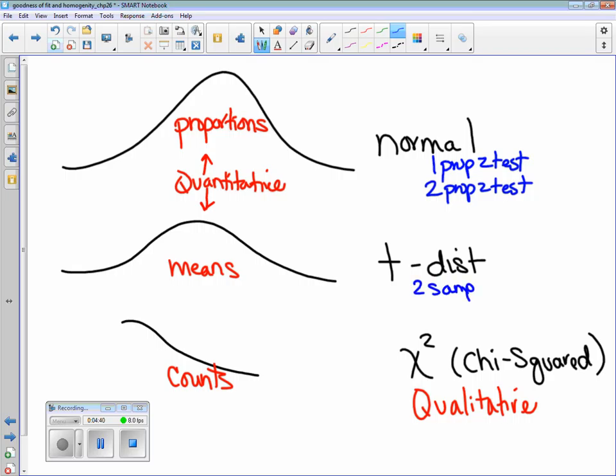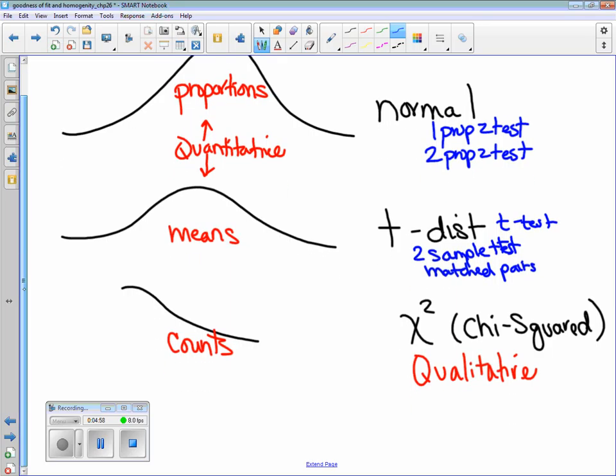What else did we have? Matched pairs. And then what was the 1 sample called? Let's just call it a regular old 1 sample t-test.